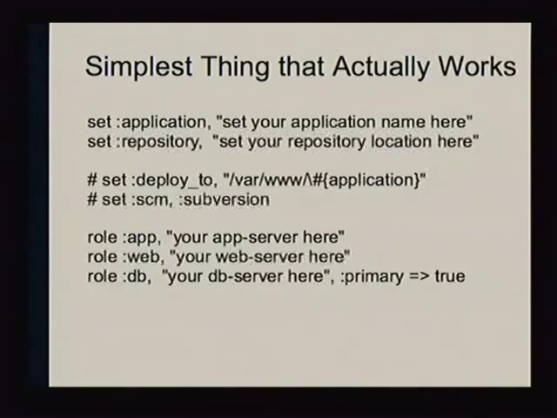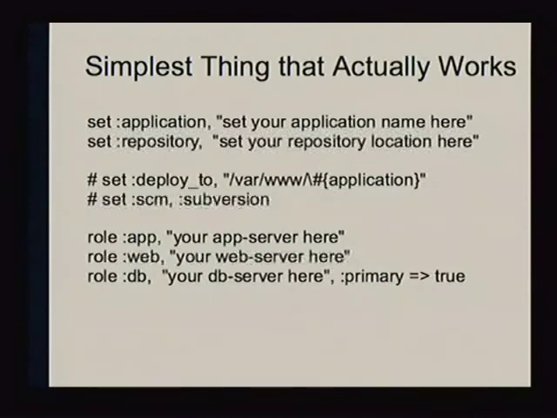So what you do is you have to tell it, okay, what is your application called? Simple enough question. Where is the Subversion repository? The default Capistrano recipe assumes you're in Subversion. You don't have to be in Subversion, but you do need to have your code somewhere that is accessible from the remote server. There are several SCM options, which is what you see under set scm. Subversion is just the default and is by far the easiest to use because it's the most thoroughly debugged and most widely spread amongst the Rails community.